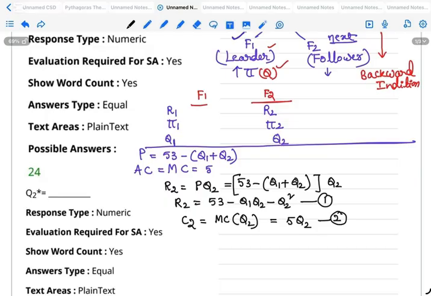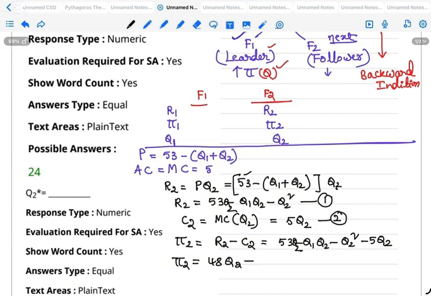The profit pi 2 equals revenue R2 minus total cost C2, that equals 53 Q2 minus Q1 Q2 minus Q2 squared minus 5 Q2. So pi 2 equals 48 Q2 minus Q2 squared minus Q1 Q2.